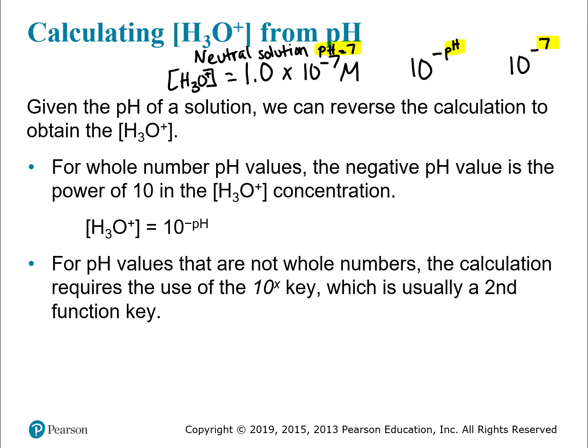But you may have to hit a button that looks like this first. That's the second function key. So again, make sure that you know how to use your calculator.